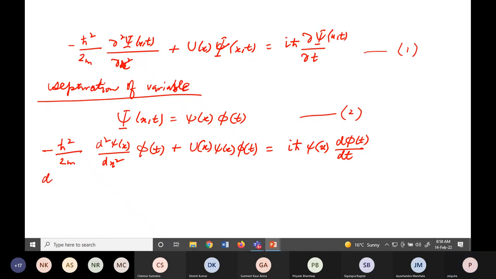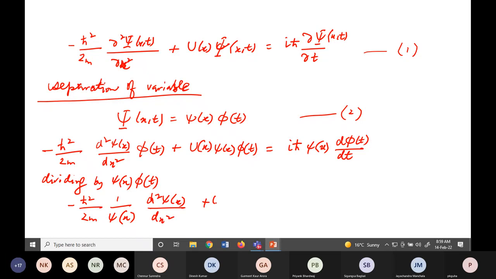So we can divide by psi of x, phi of t. So we will get h bar squared over 2m, 1 by psi of x, and so on.